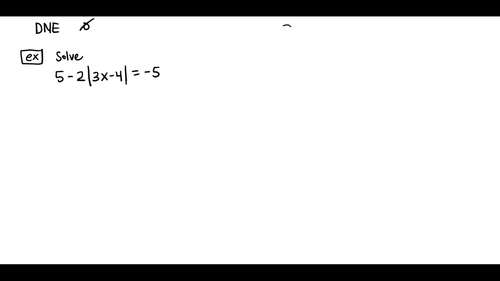So think about if I had 3x plus 5 equals negative 7, right? Well, the first thing that I would do is subtract the 5 over, and then the last thing that I would do is divide by the 3. So it's the same kind of thing that's going to happen here, right? But we've got to think about, okay, what needs to be added or subtracted over first, and then what needs to be multiplied or divided over. So this 5, right, it's a positive 5, so we're going to subtract 5 over to the other side.